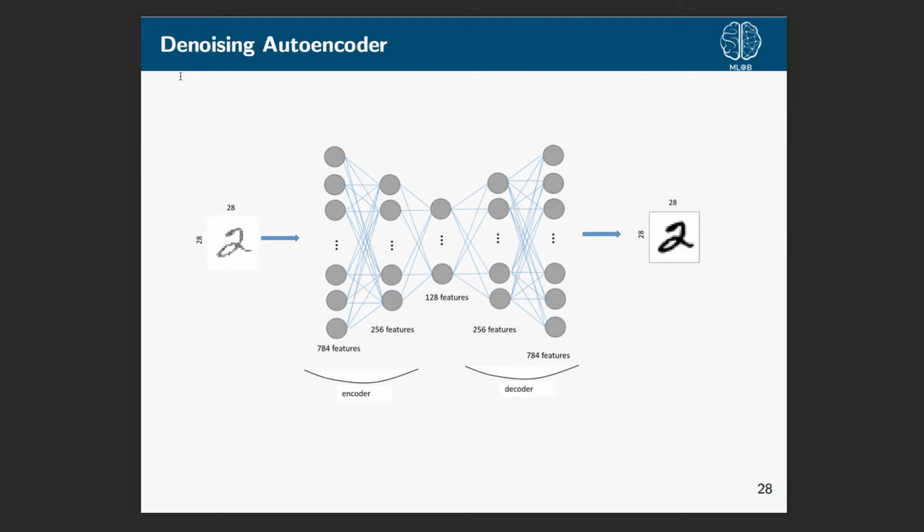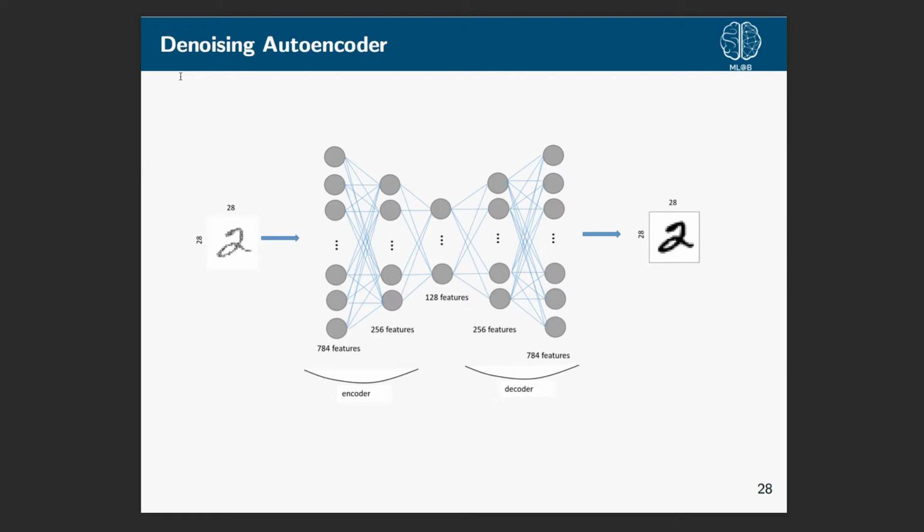It takes in some data and tries to reconstruct that data, except it has a bottleneck in the middle, and that bottleneck tries to force the network to learn something efficient and useful about the data. So instead of keeping, for example, with the MNIST images, 784 features, you want to learn it in only 128 features. So you're trying to learn a more compressed version of the image.